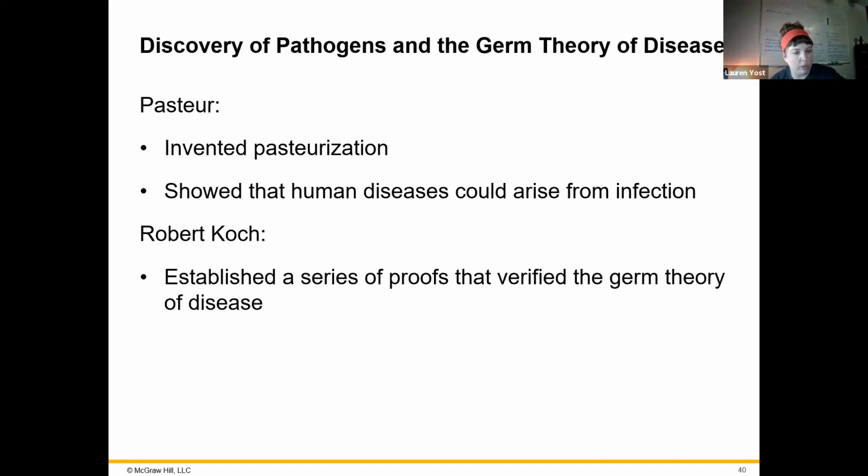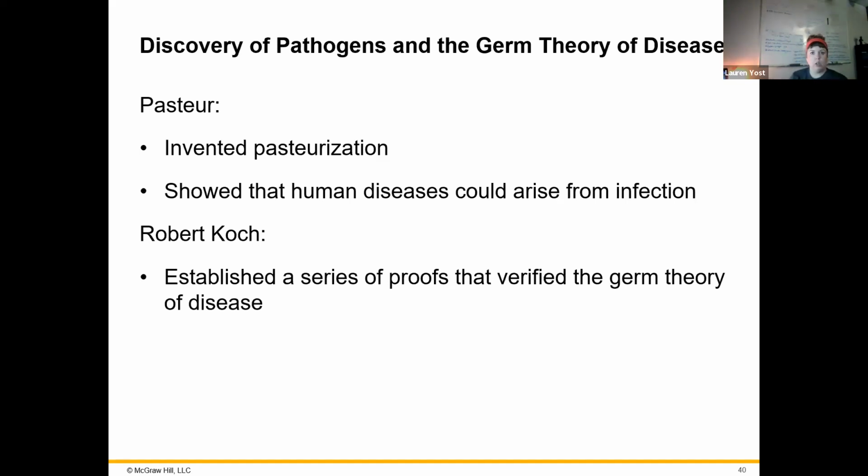So Pasteur, we talked about him just earlier. That was the guy that had the swan necks on the glass with the boiling solution, and it was supposed to be sterile, and then they broke it, and then the thing grew, and no such thing as spontaneous generation. That's Pasteur, right? So Robert Koch, we've just talked about him as well. He was the one that showed the steps to prove what pathogen causes what disease.